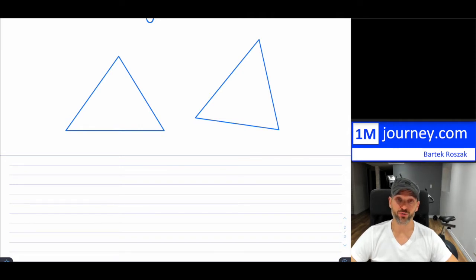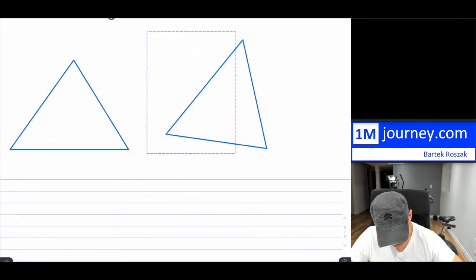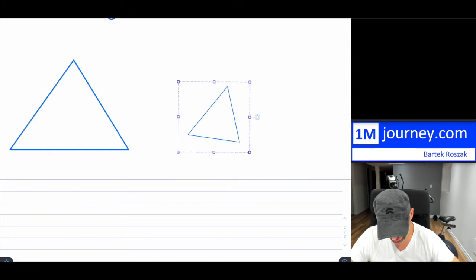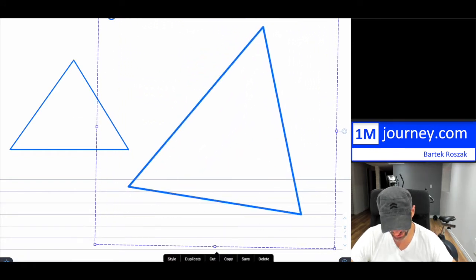When are two triangles similar? The difference is that the sides are not going to be identical, but they're going to be proportional to each other. So what that means is that you can take these triangles, now you can scale them down or you can scale them up.